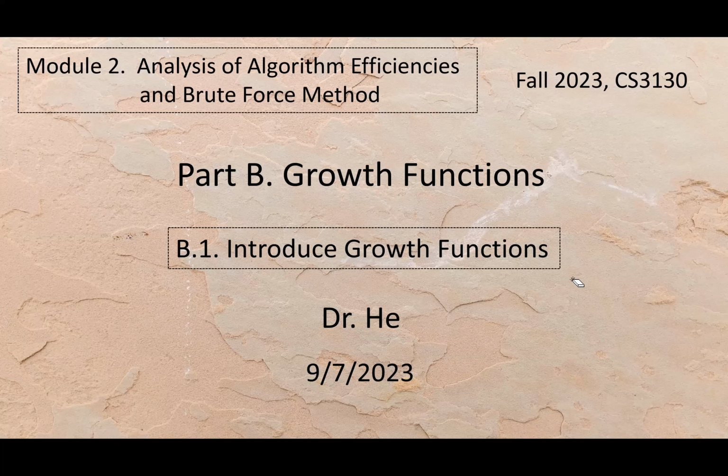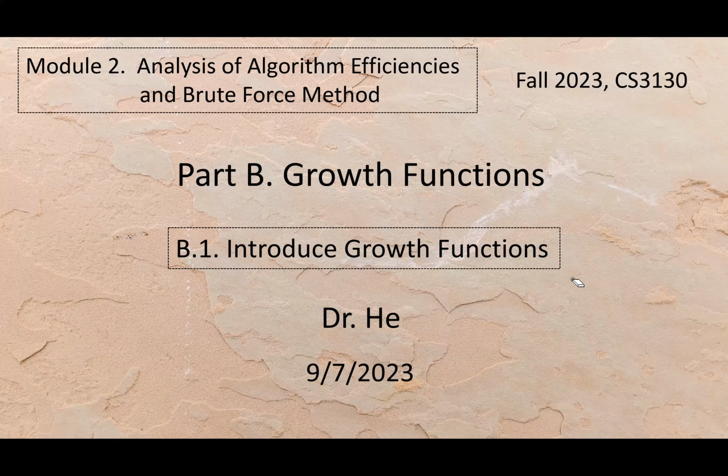If you just do one basic operation, what is the execution time? That is a constant. Although that constant on different computers could be different, on each one, it is a constant. So we use little c sub op, the basic operation time, as the constant. Then we can connect these two functions using an approximation formula.